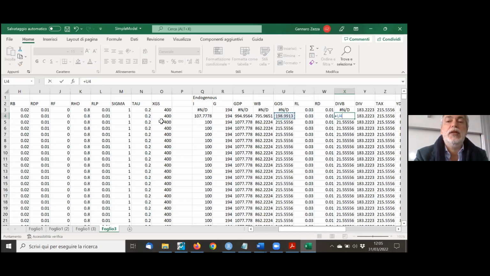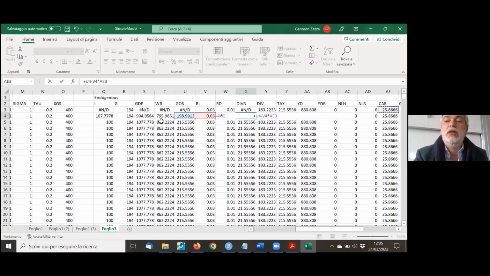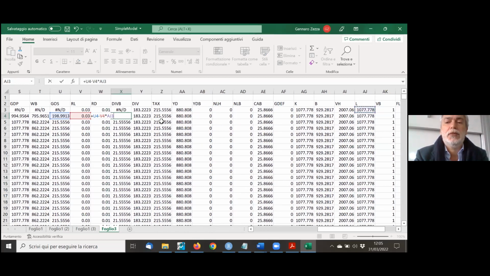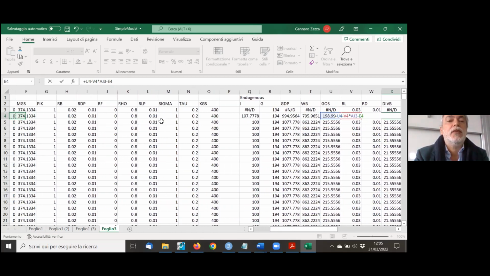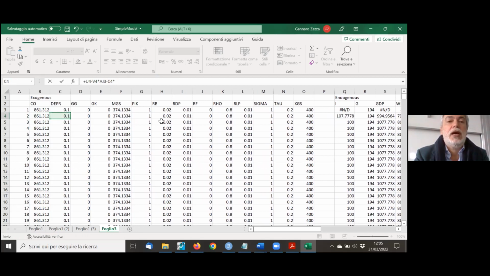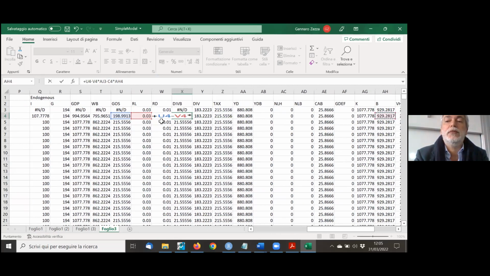So they are the profits less what firms pay on the loans, and the loans of the previous period are here. And we subtract also the depreciation rate times the opening stock of capital. Looks okay to me.